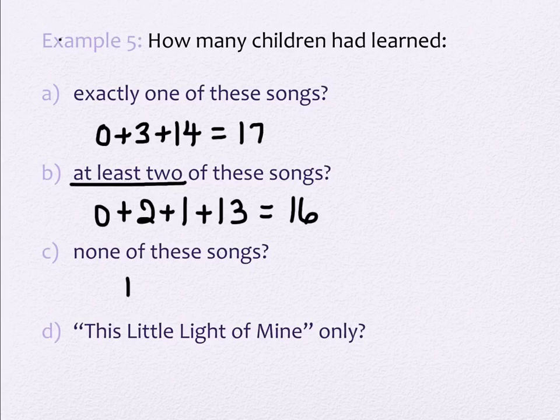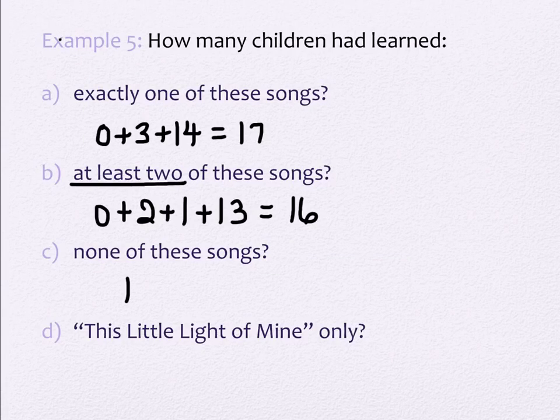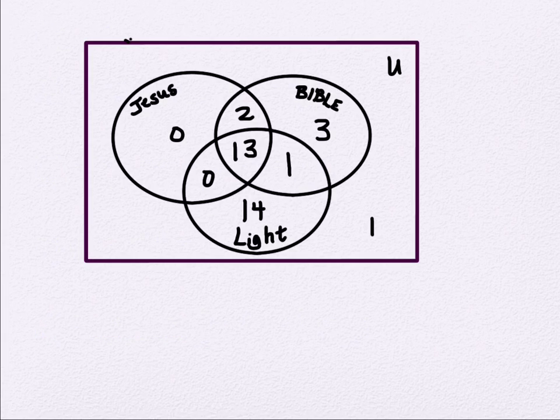None of these. That's the one that's on the outside, right? And how about this little light of mine only? 14. All right, any questions on the processing of that?